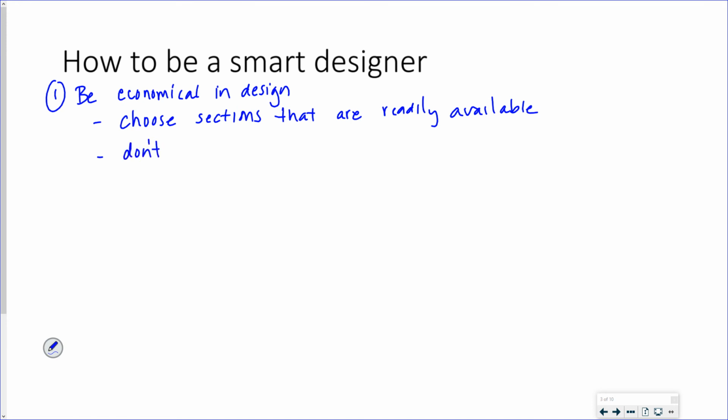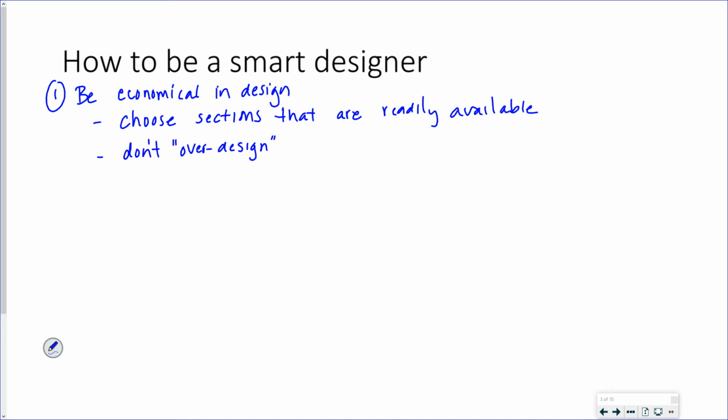This is a big temptation, right? Maybe one section needs a W10 by 52 and one, I'm making up numbers, needs a W10 by 48. Well, choose the 52 for both of them.